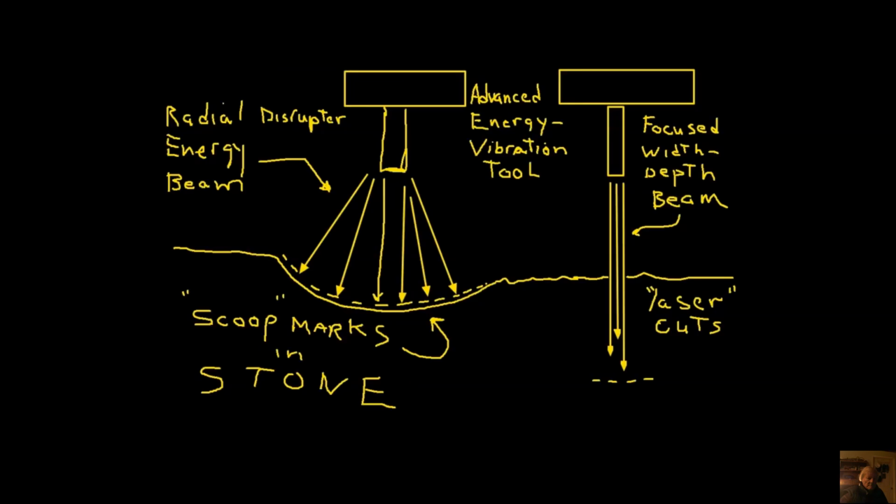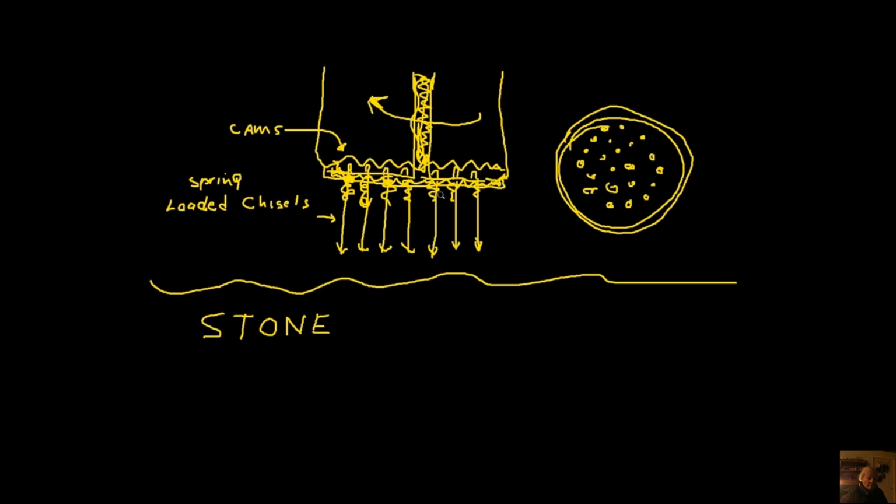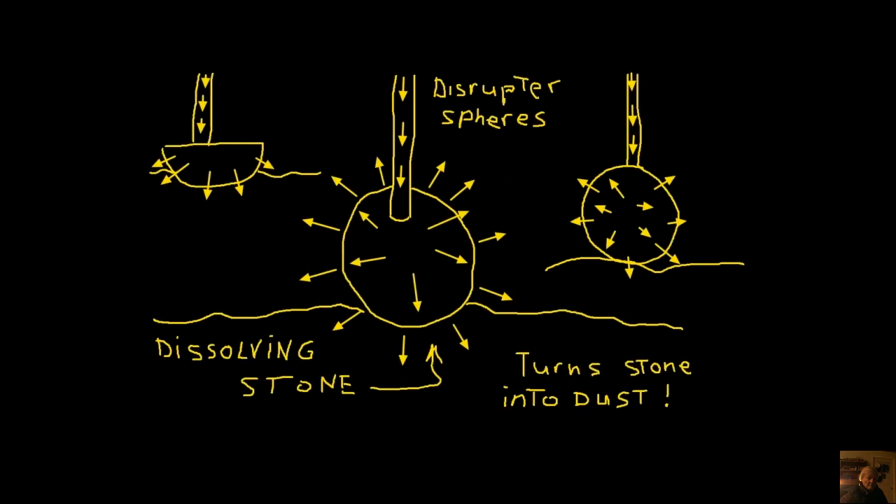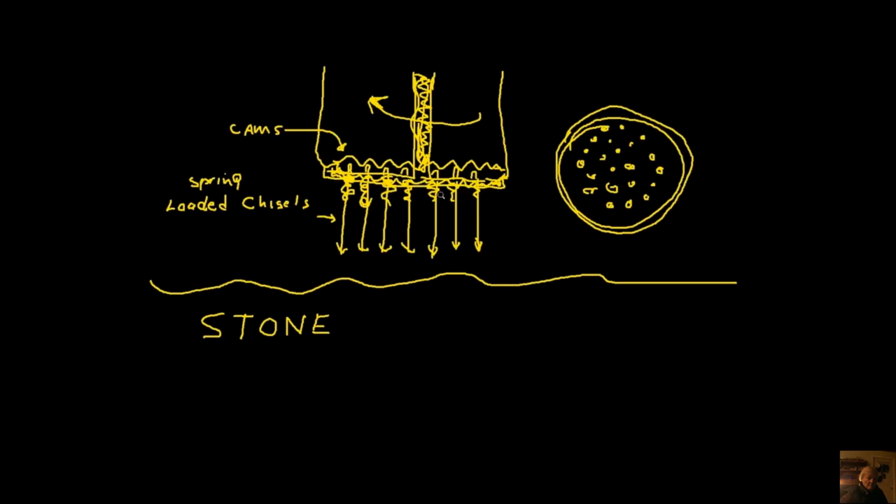Here is how the actual disruptor would work. We have the scoop marks. You could have a radiating beam to make the scoop marks. You could have a focused beam on the right. This would be just for general surfacing of the stone, maybe to roughen it up, and also to grind down the stone to the point where you could have the knobs sticking out.